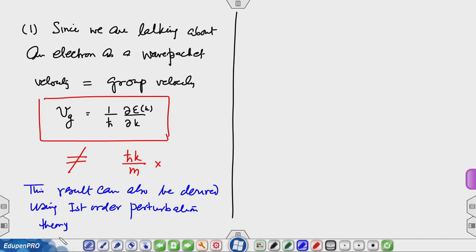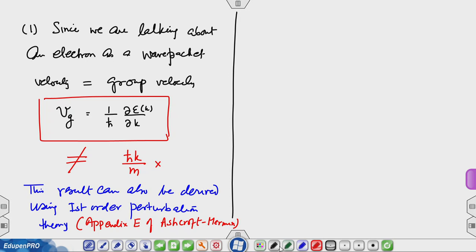And for that, I will refer you to Appendix E of Ashcroft and Mermin. So, I would like you to read that. Okay, but that is what it is. It is a wave packet which is moving with a velocity v.